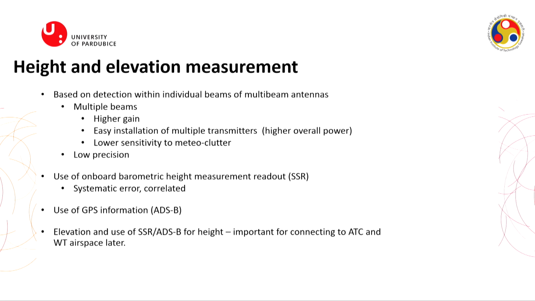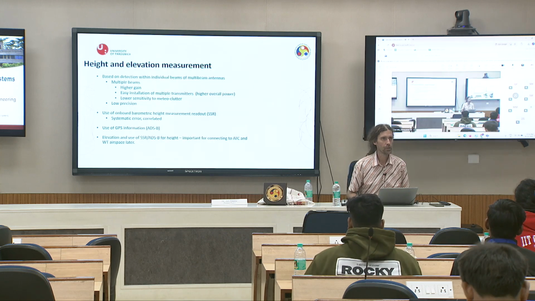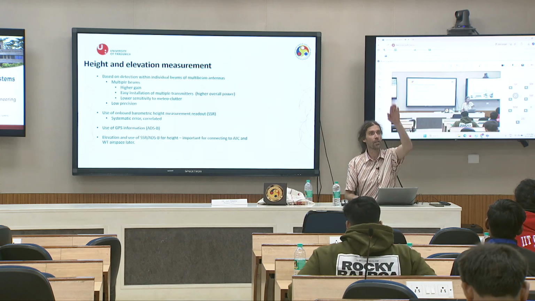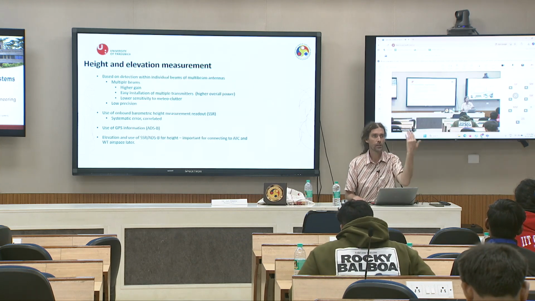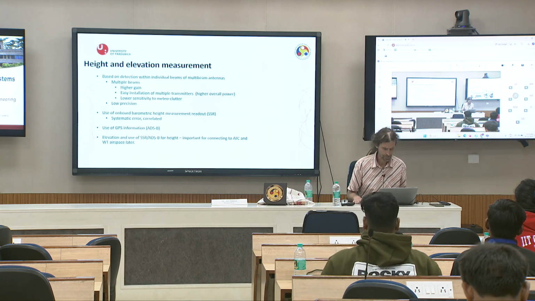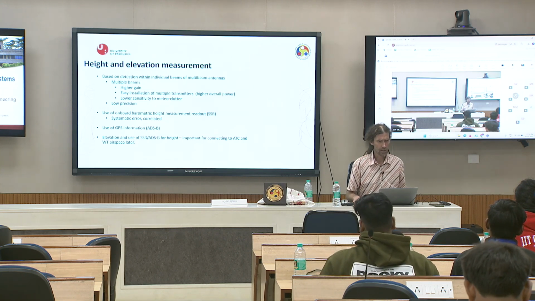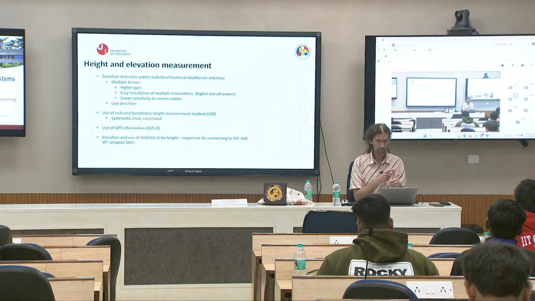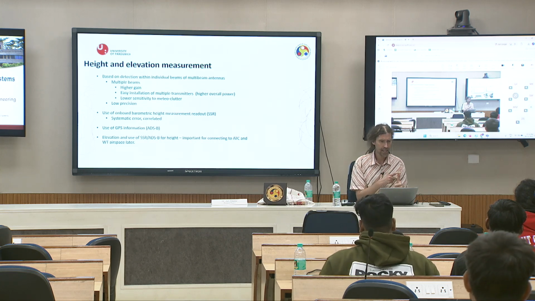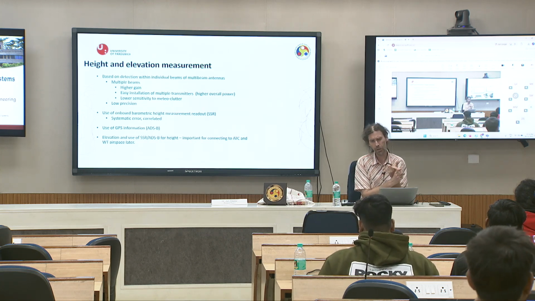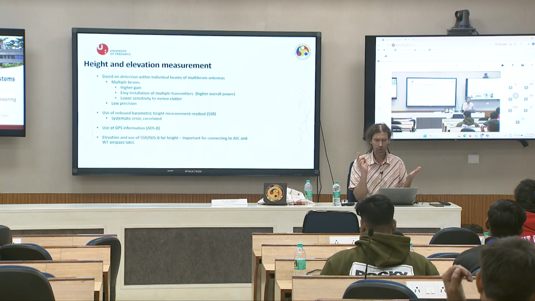So I get measurements from different beams, and then of course I can evaluate elevation. Multiple beams properties: higher gain, easy installation of multiple transmitters, lower sensitivity to meteor clutter, low precision.